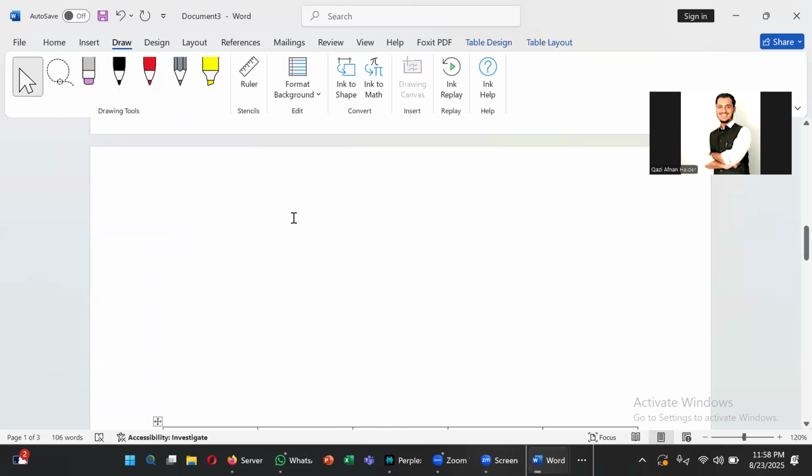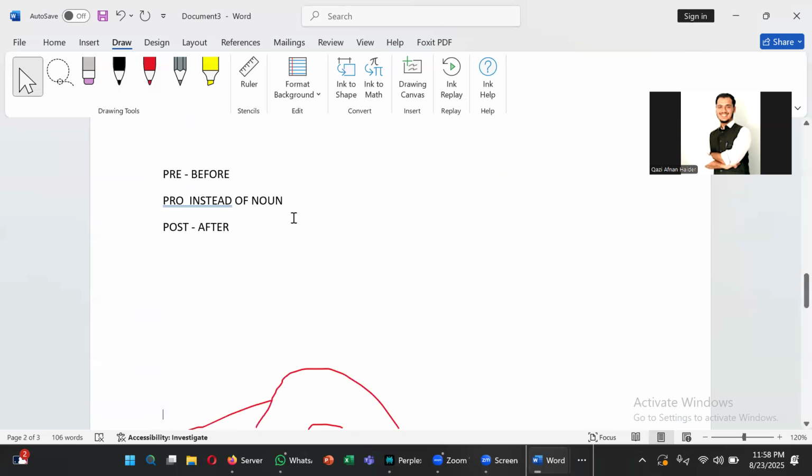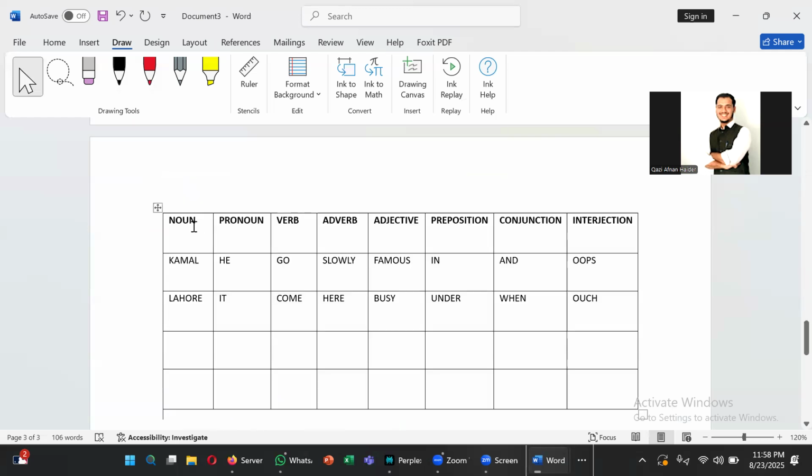Now see, guys, some students know about parts of speech, but some students don't know about the parts of speech. For example, noun: Kamal, Lahore. Pronoun: he, it, she, they, mine, my, your, our.